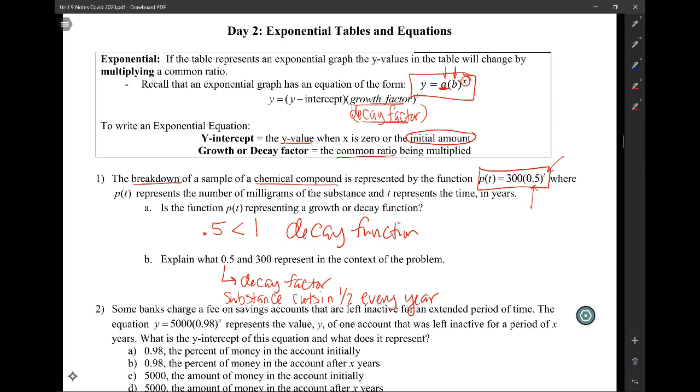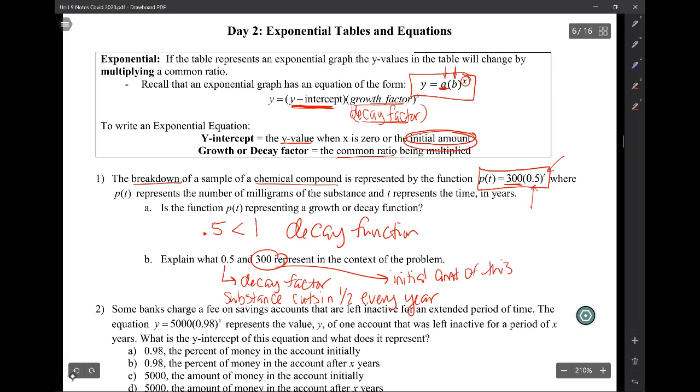Well, the 300 is the number out in front, and we said the number that's in front of our decay factor is what we call the y-intercept or the initial amount. So we must have started at the initial amount of this chemical compound, whatever it is, was 300 milligrams.